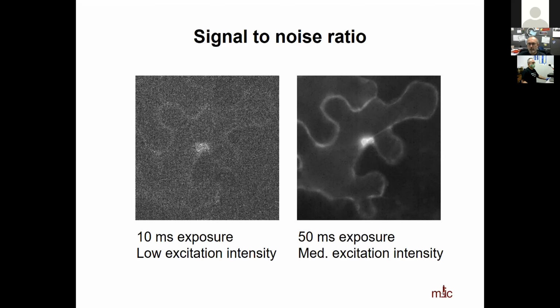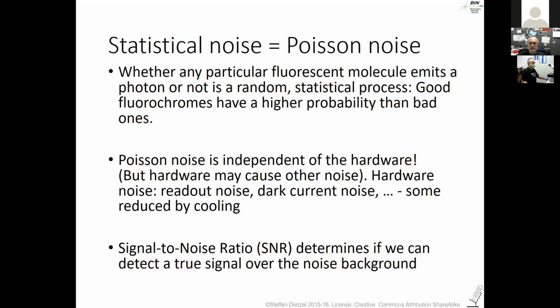Now with adding a little bit more light and increasing the exposure, we get a much cleaner image with a higher signal to background noise. Whether any particular molecule emits a photon or not is a random process, and we talk about statistical noise or Poisson noise.